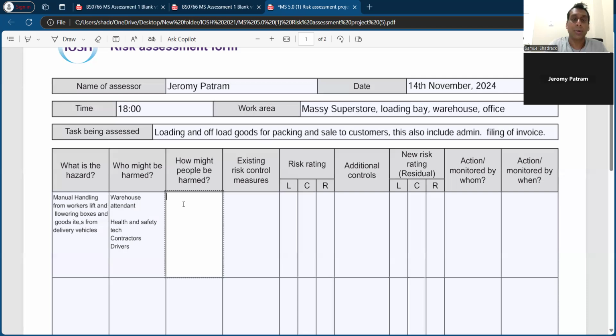Good. So how might these people be harmed? You could say a heavy box may become unstable and its contents can fall onto nearby people, right?